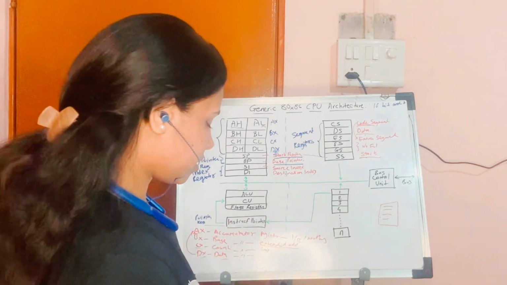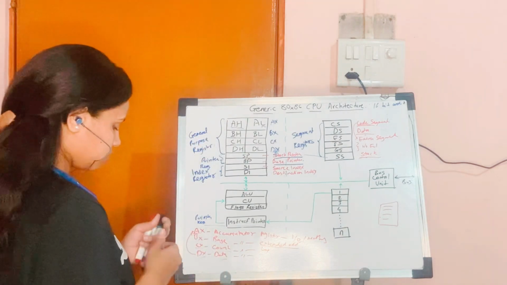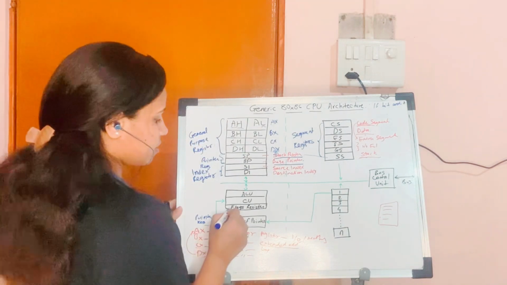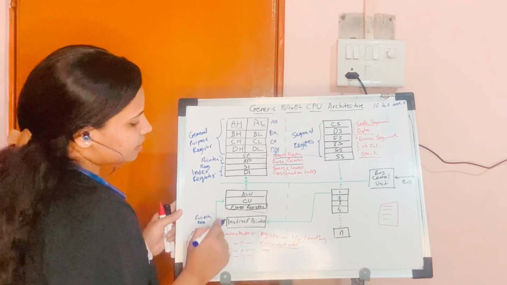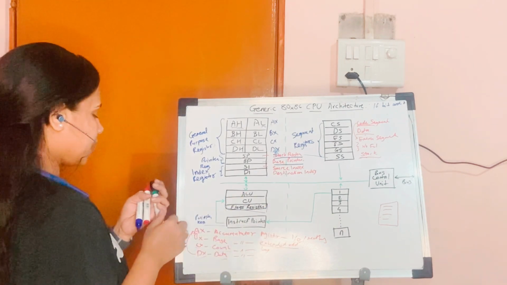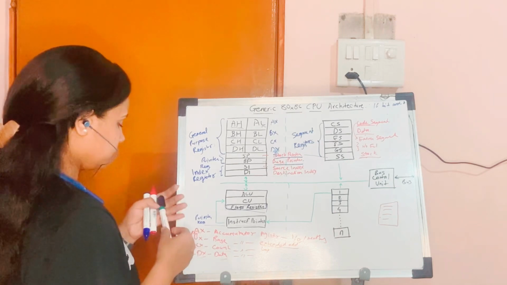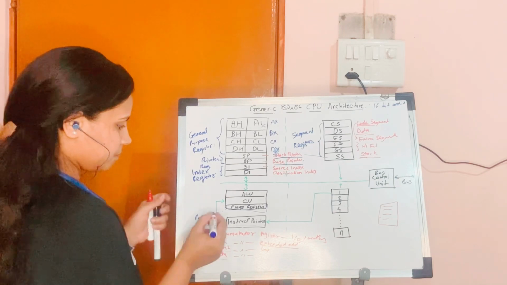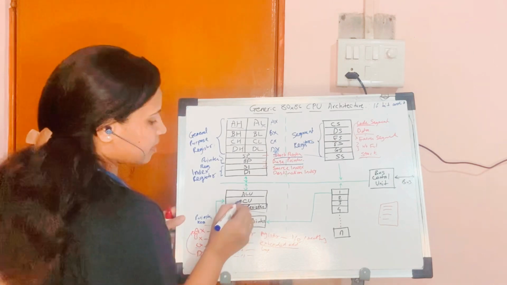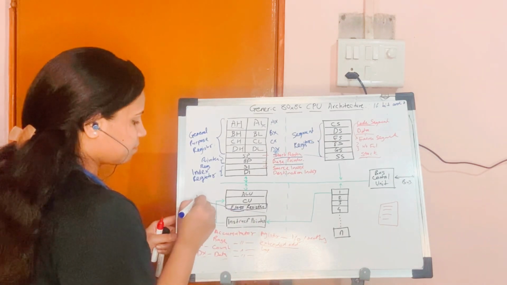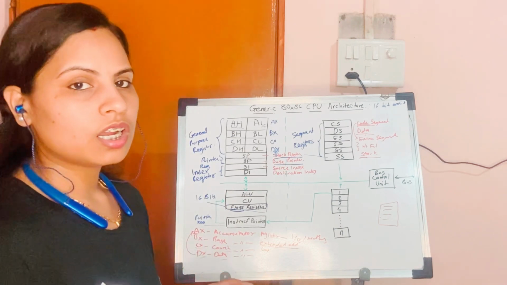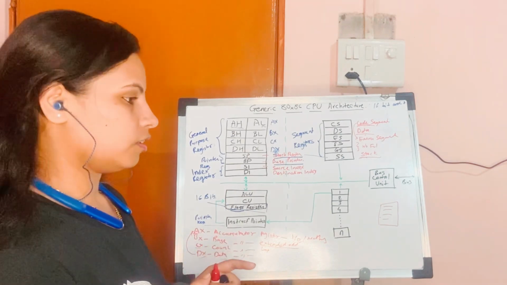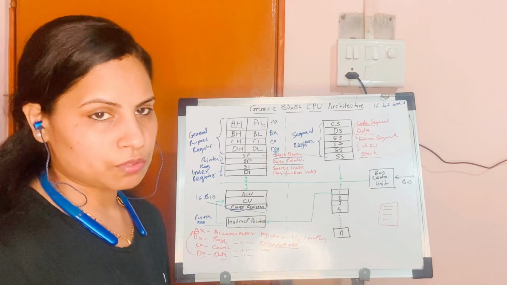Next type of register is flag register. There is only a single flag register, you can see here. Flags register is a 16-bit register which is used for giving the status of the CPU.